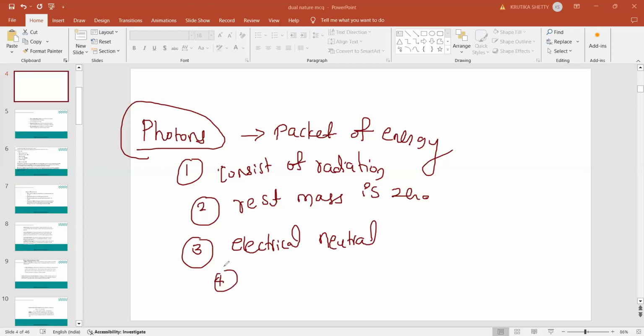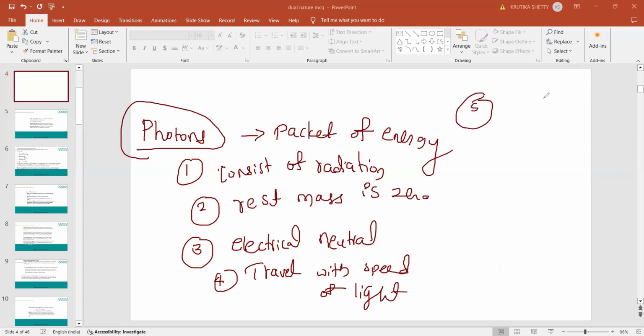The fourth point, photons travel with the speed of light. Photons travel with the speed of light. That is the fourth property.